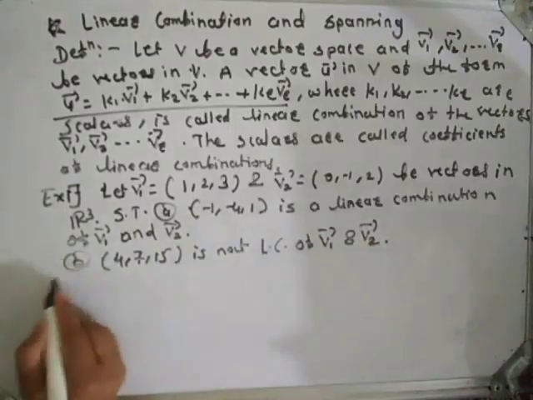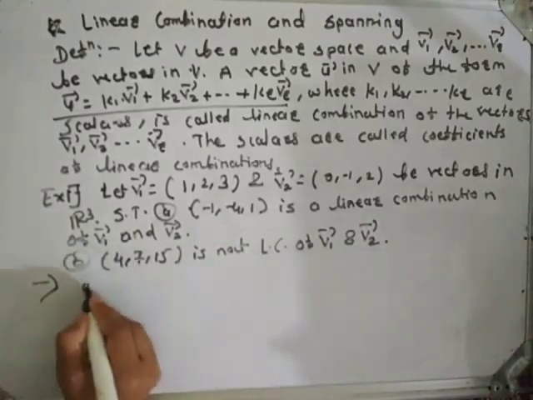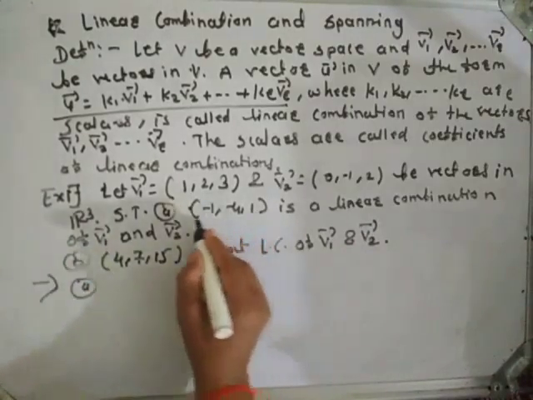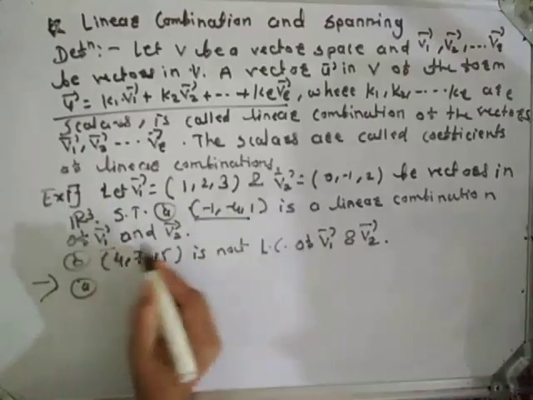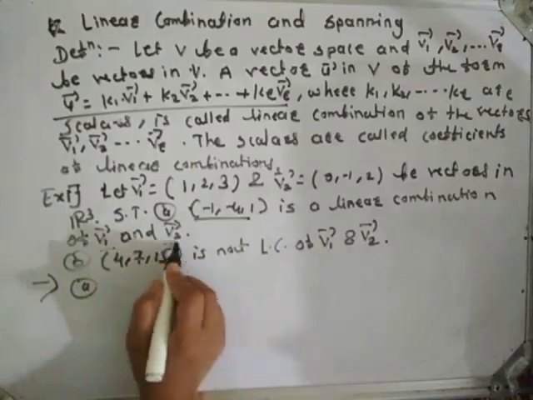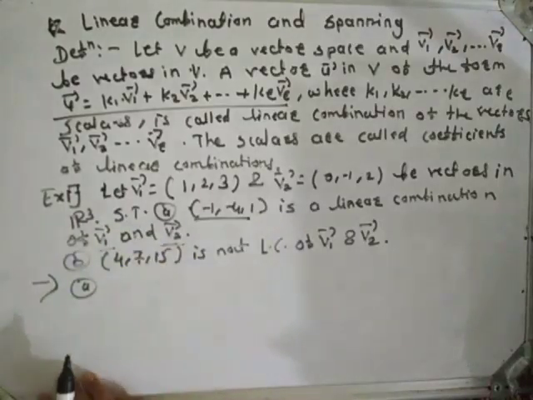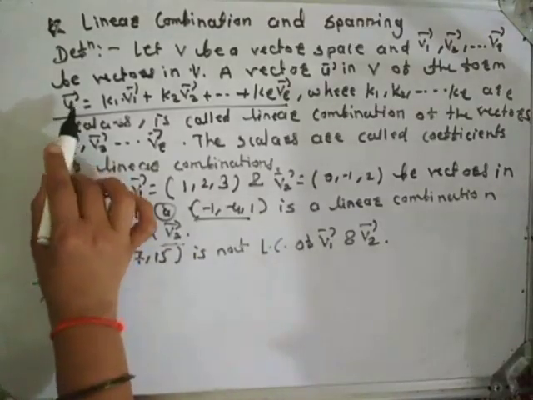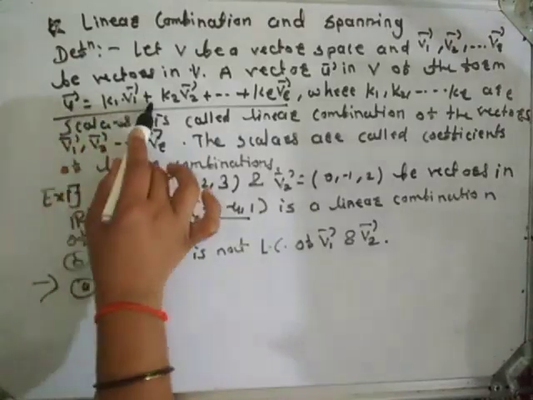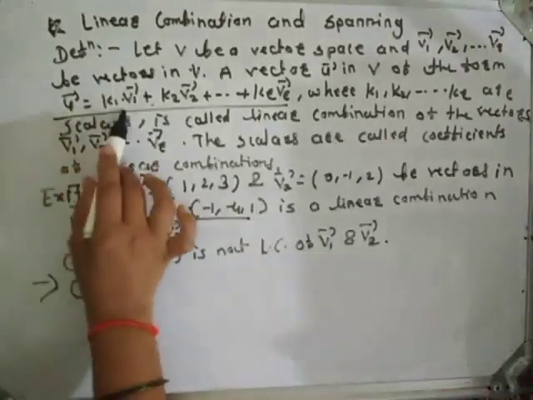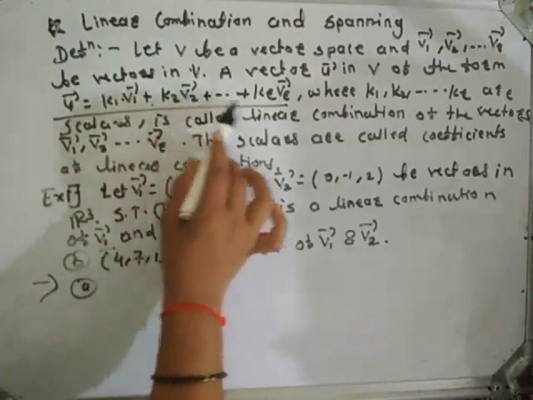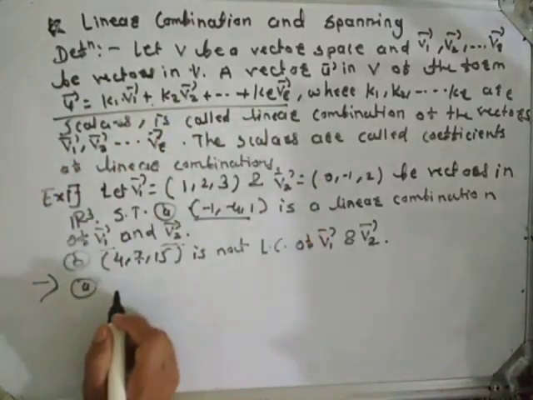Okay. Now see solution. In the first part, we have to show that this vector is a linear combination of V1 bar and V2 bar. See here, students. When U bar is of the form, then U bar is a linear combination of V1 bar, V2 bar and VR bar.